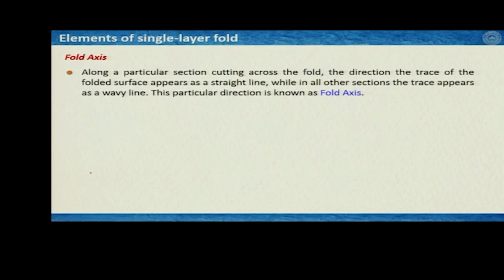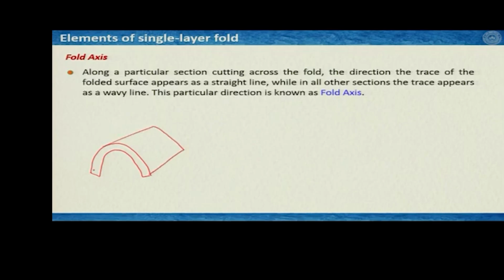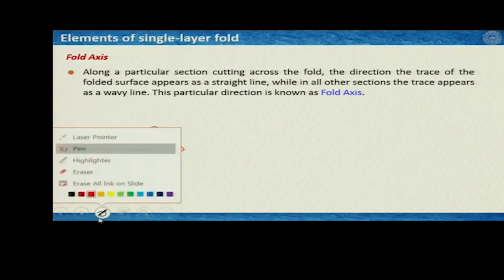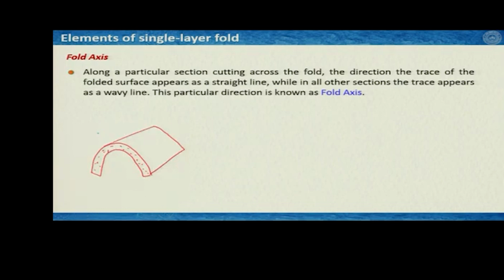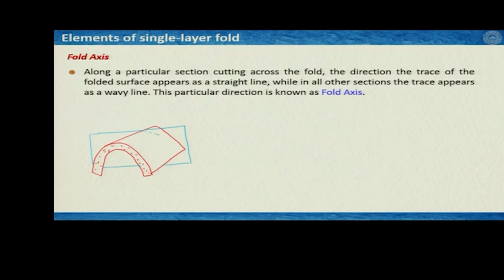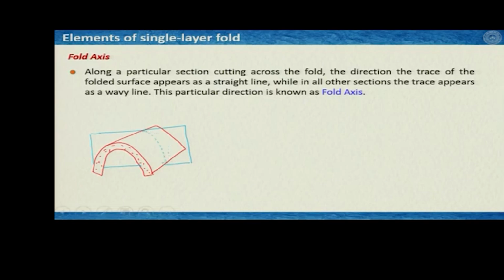You can consider that you have a fold like this, and then you may pass a plane through the folded structure, something like that. It would cut somewhere here. I am sorry, it may not look like this.